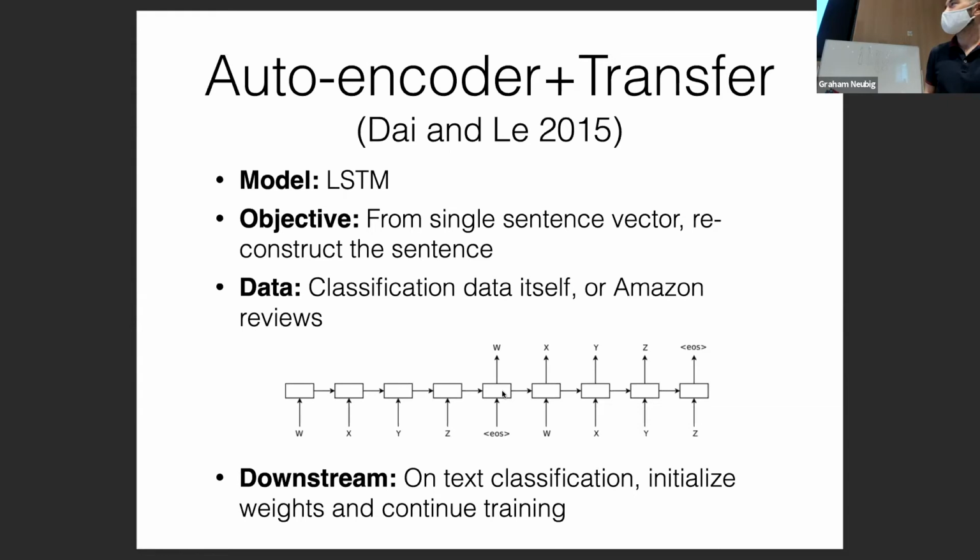Does anyone have a guess why this might not be the case? It's a little bit tricky. Yes? The question is... it is not the case that this autoencoder is necessarily better than just training a language model to predict every word.